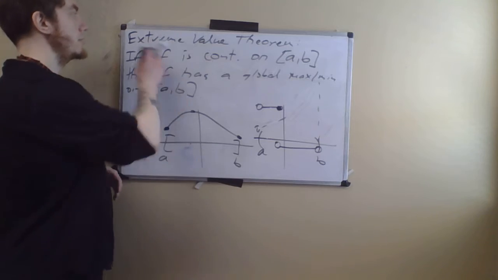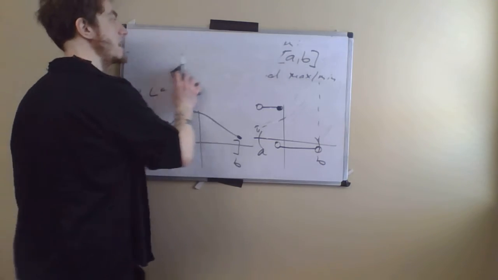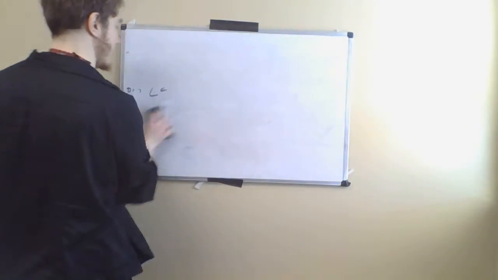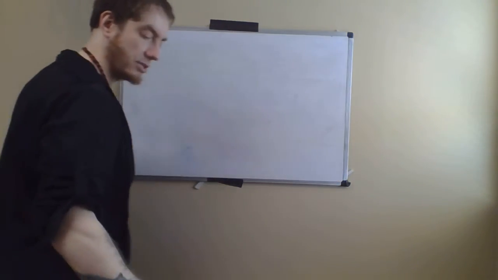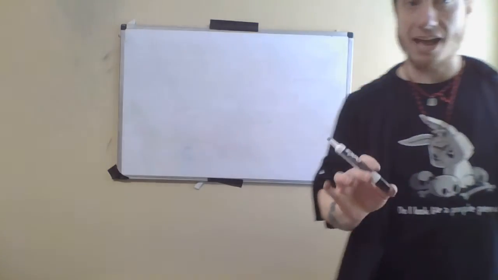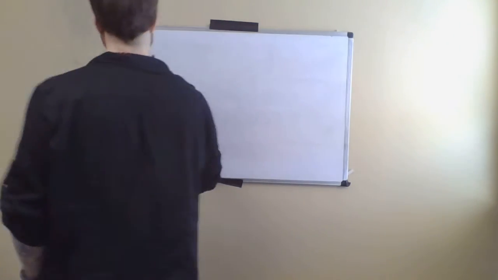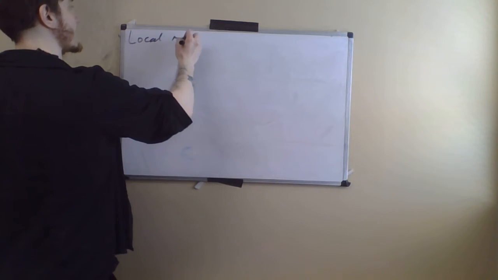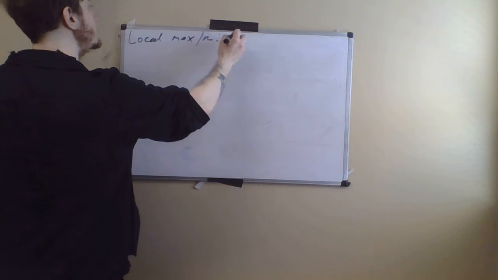Now, there's another kind of maximum and minimum here that we want to be able to talk about, and that is going to help us to find global maximums and minimums as well. And this is the idea of the local maximum and minimum.